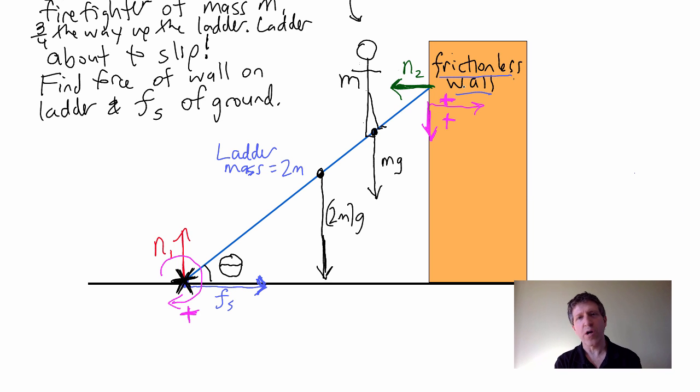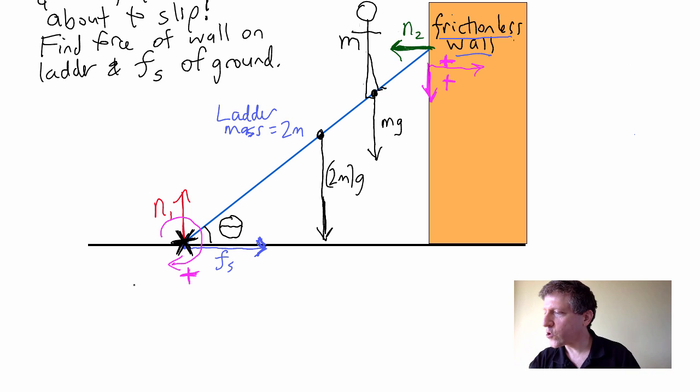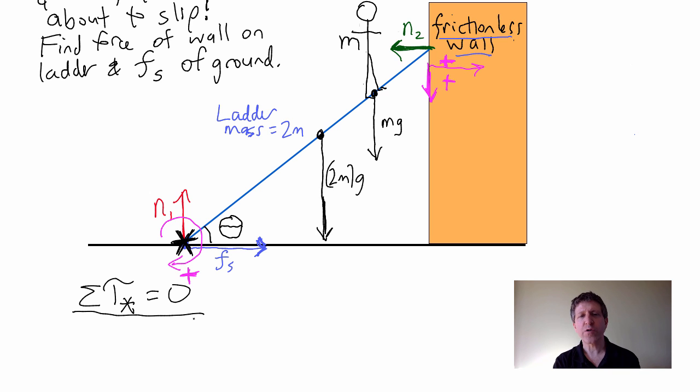Let's just jump to our torque equation. The net torque about our chosen axis, that star point there, is going to be equal to 0. Which forces are exerting torques? I'm just going to again write them all.